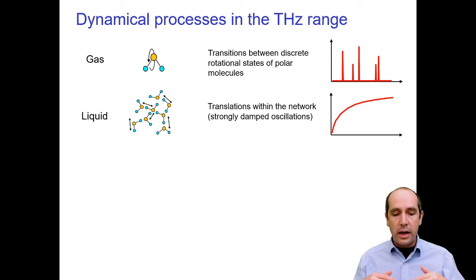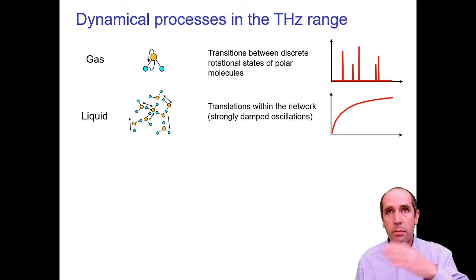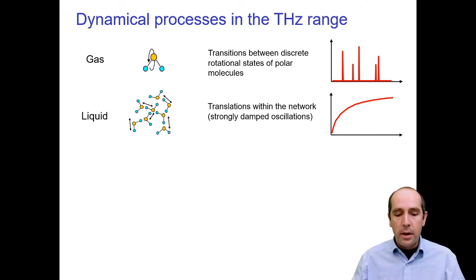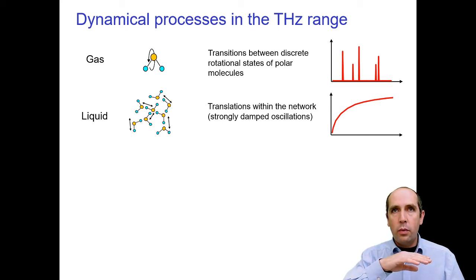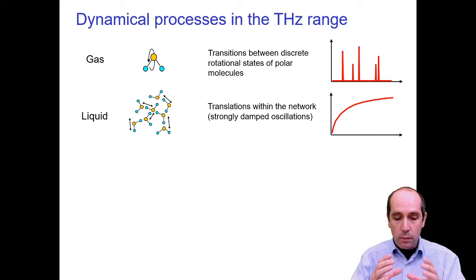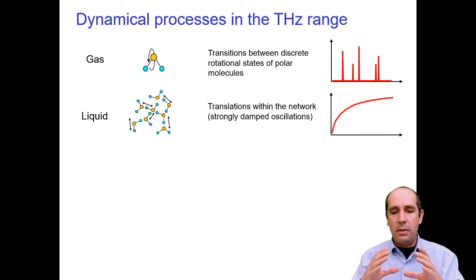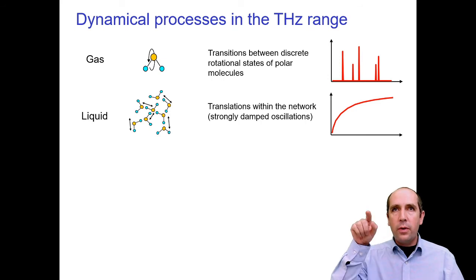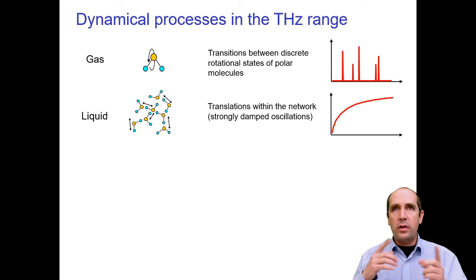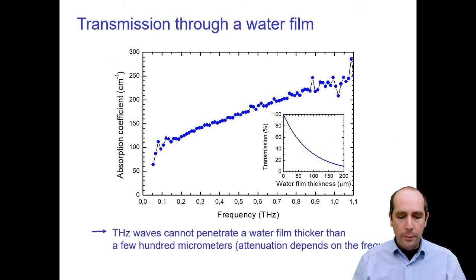So, for example, in the case of liquid water, the same material but in liquid form, if we make the same sort of experiment and measure the transmission through water in liquid form, instead of having a bunch of discrete peaks that are related to the transition between rotational states, what we have is a continuous soft curve of absorption.